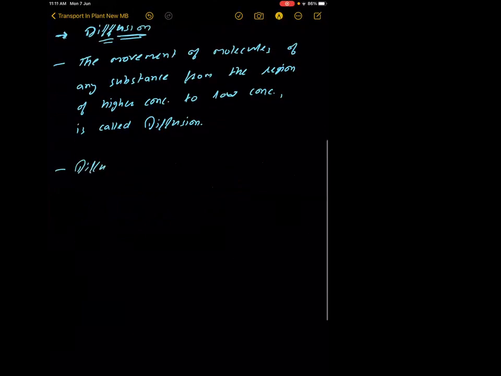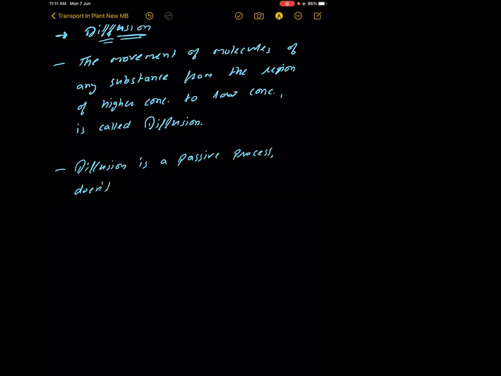Diffusion is a passive process, it doesn't require energy.